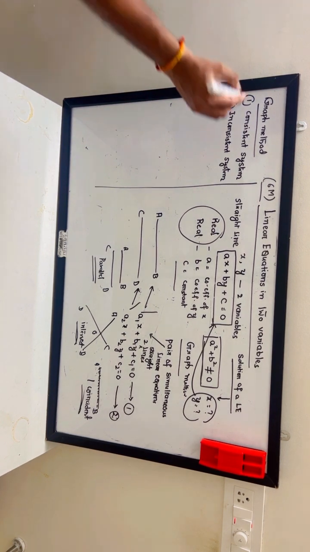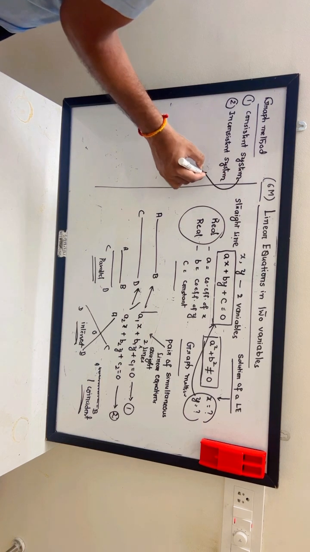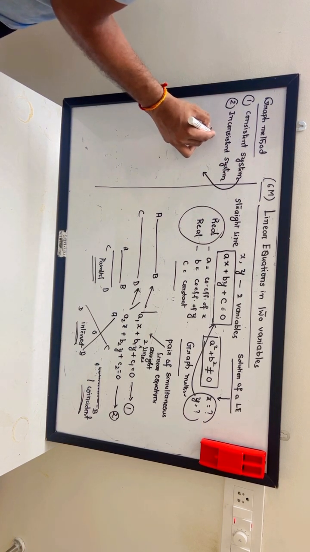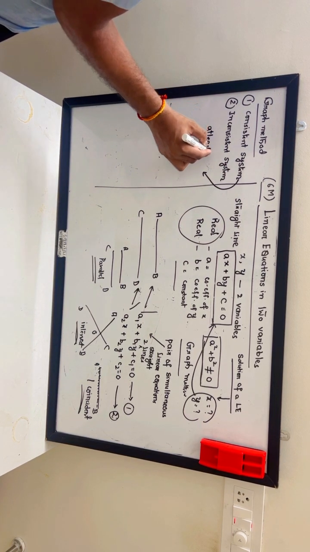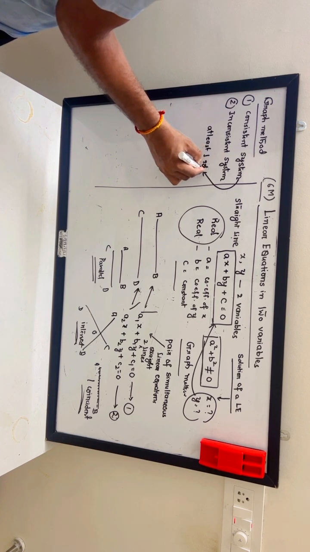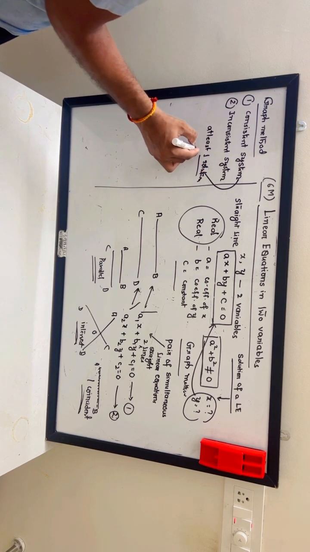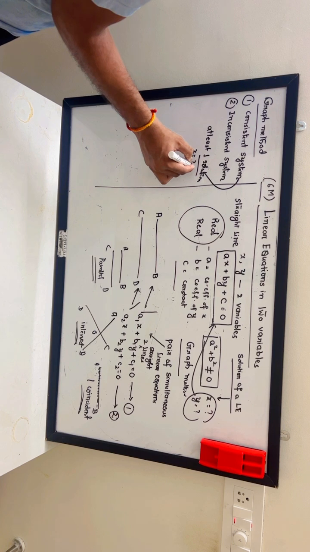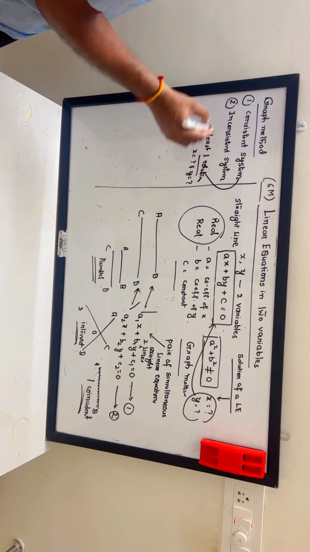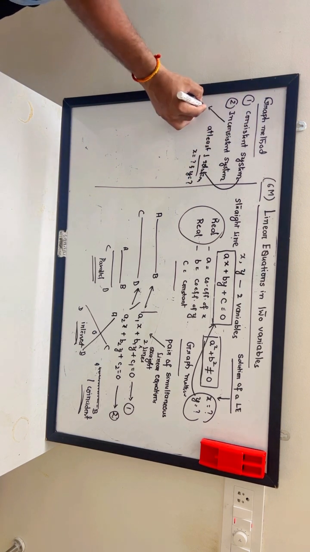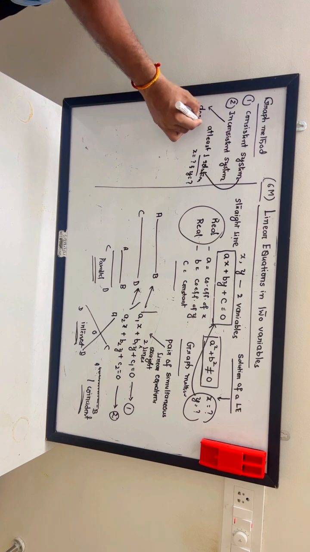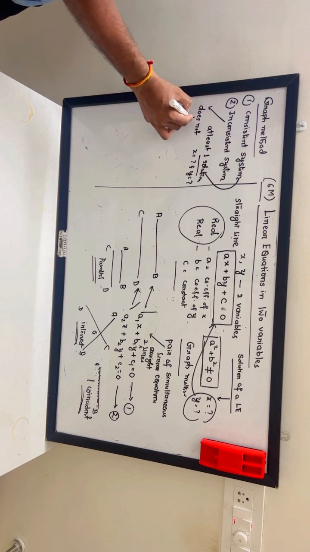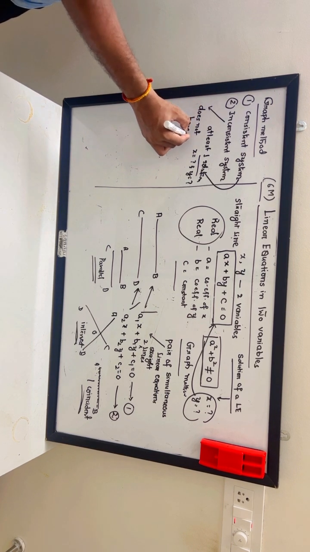Now, a consistent system always has at least one solution. I already told you what we mean by solution. At least one solution means having a value of x and y. Whereas an inconsistent system does not have any solution. That means there is an equation but there is no value of x and y that solves it.